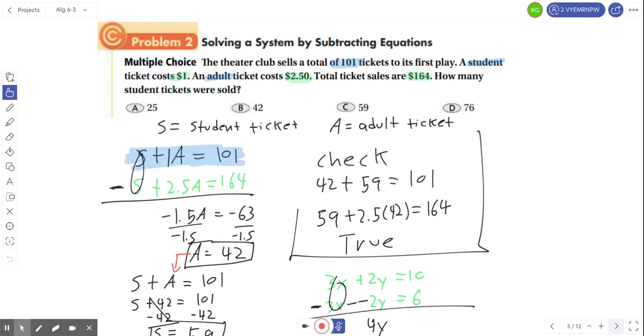So when there's negatives in there, you have to be extra careful because you're subtracting. Everything on the bottom gets subtracted. This is 10 minus 6. This is 4. So my made up equation gives y equals 1. But careful with the subtraction. You're subtracting each individual thing. Watch out for the negatives when you're doing that.